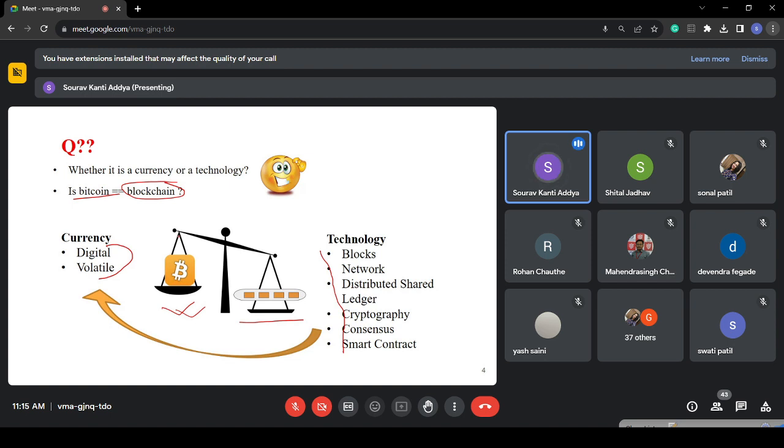But no, we should talk about the technology, not the application. If you know the technology well, you can implement it in any application. Bitcoin is one of those applications. Today we will discuss blockchain with another application, which is cloud. That's why this slide is important for setting the context of today's discussion.